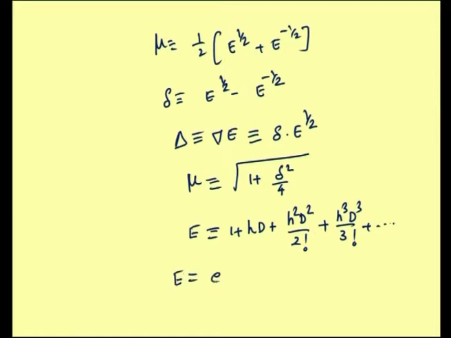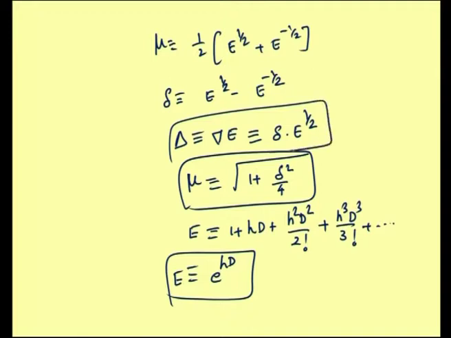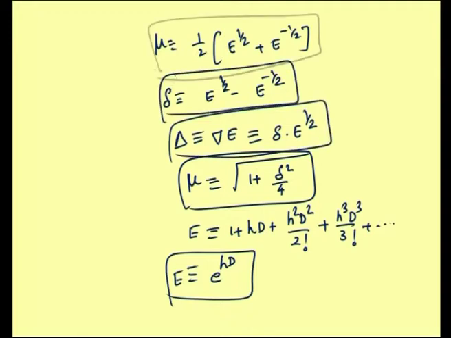E is actually equivalent to e power hD. These symbolic relations can be used to relate the forward difference operators, backward difference operators, central difference operator, averaging operator, differentiation operator and shift operators.